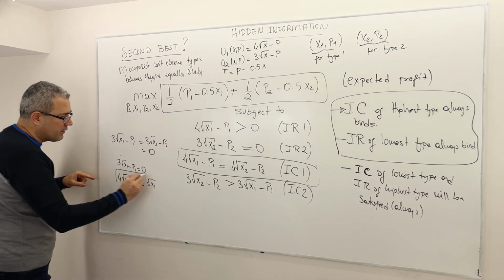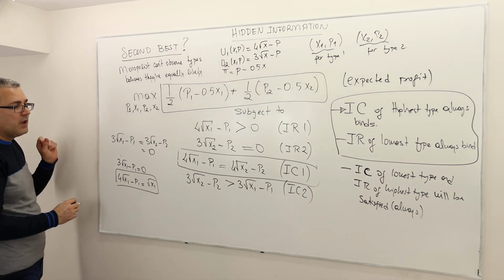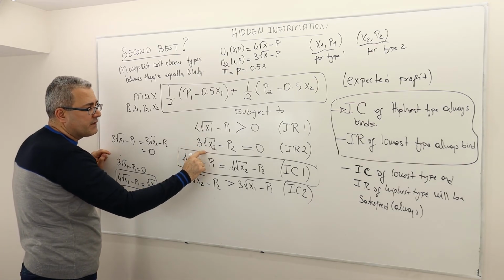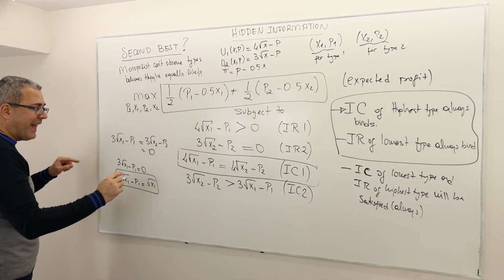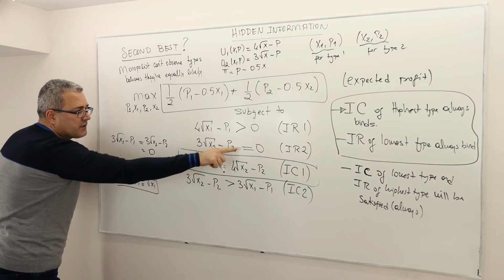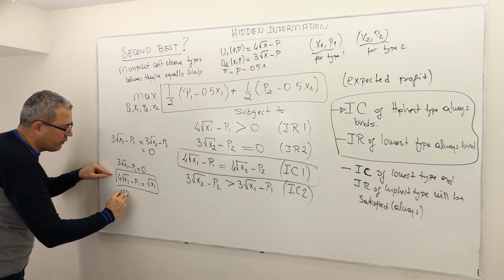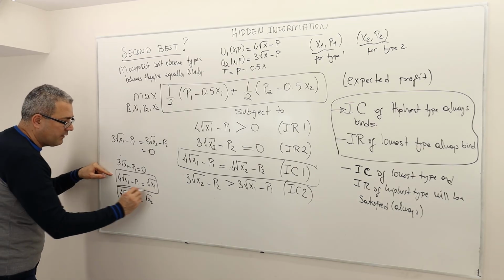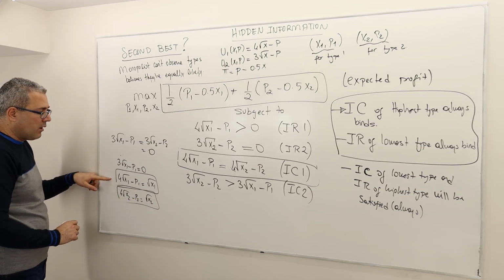Agree? Okay, so let's keep this in mind. What else would I like to do? Because individual rationality of the second type is true, add square root of x2 to both sides. So I'm going to have 4 square root of x2 minus p2 equals square root of x2. All right? Okay.